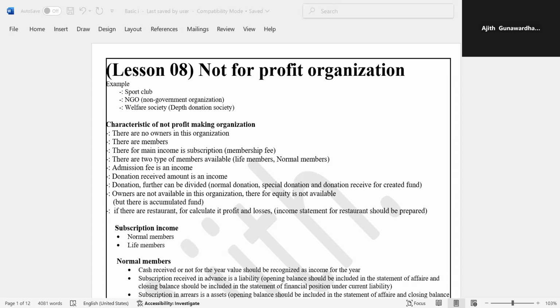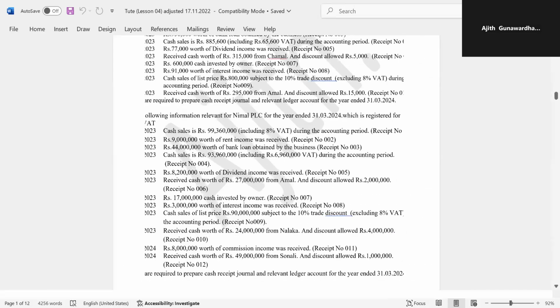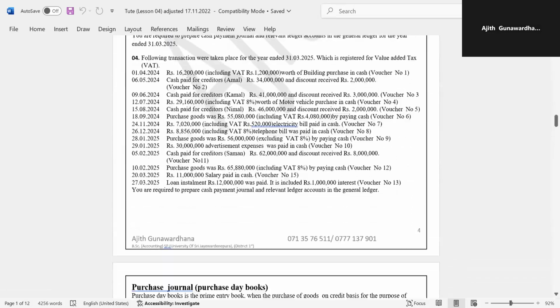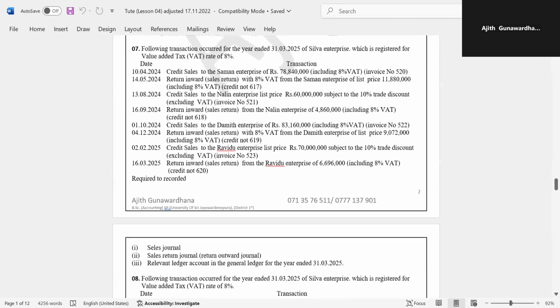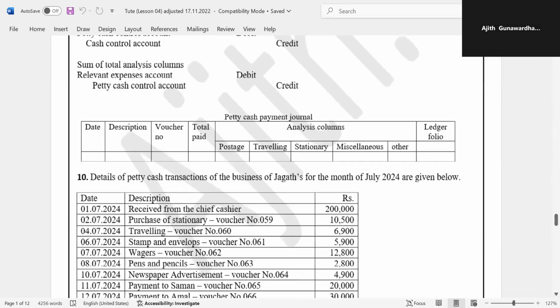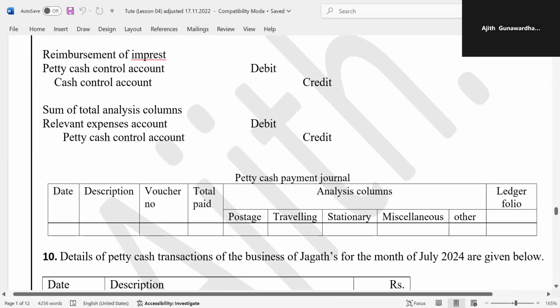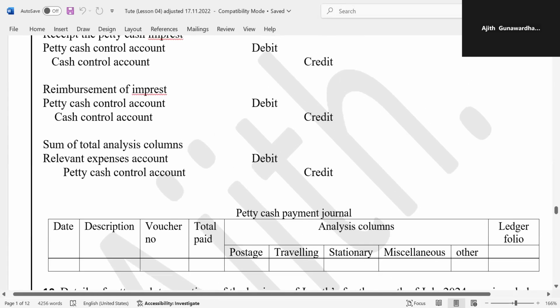Here, a small amount of expense paid in cash will be recorded.